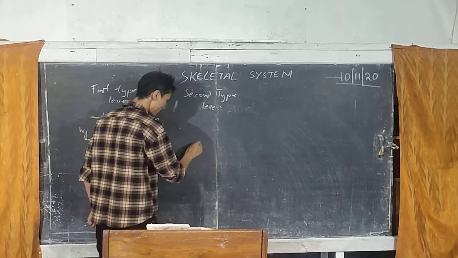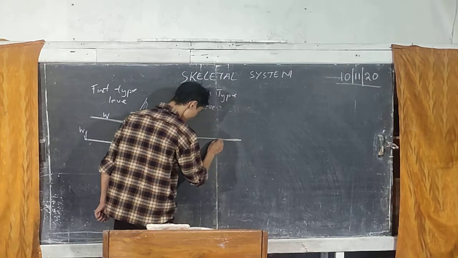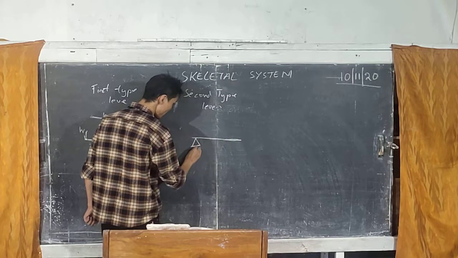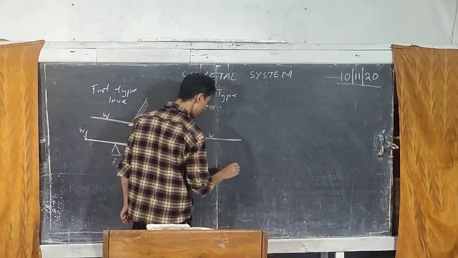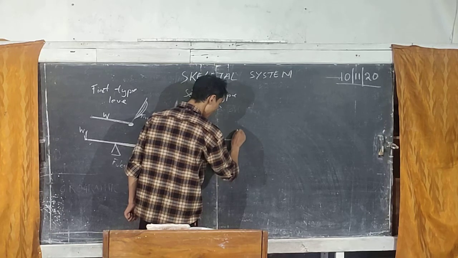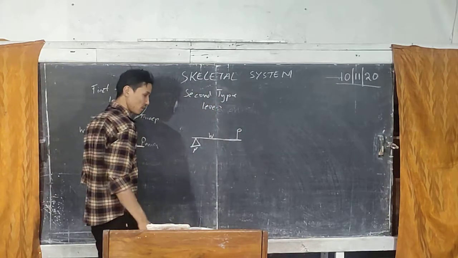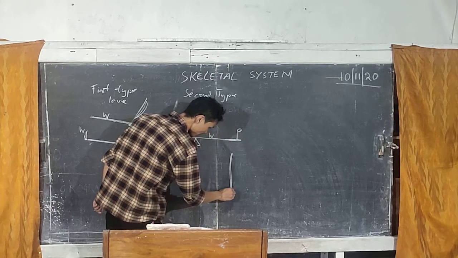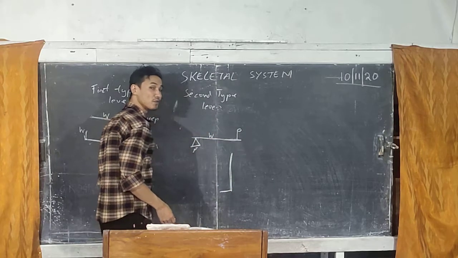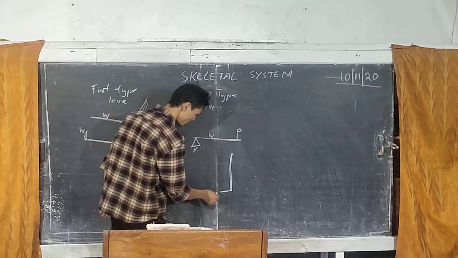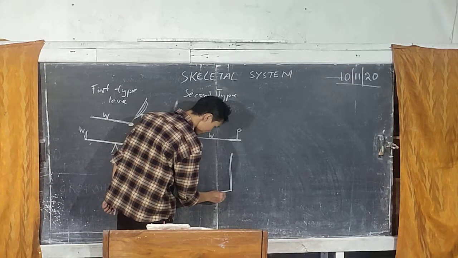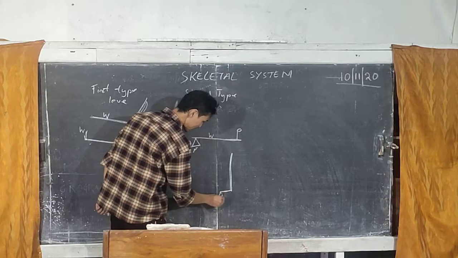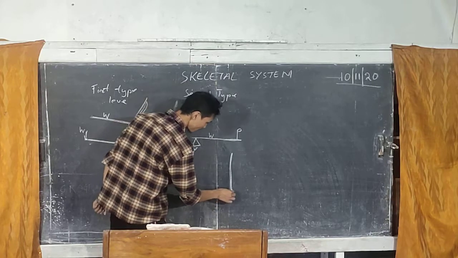In the second type of lever, the fulcrum is at one end, weight is in the middle, and power is at the other end. Such an example is provided in the legs. For example, if you want to raise your legs, your toes act as the fulcrum.